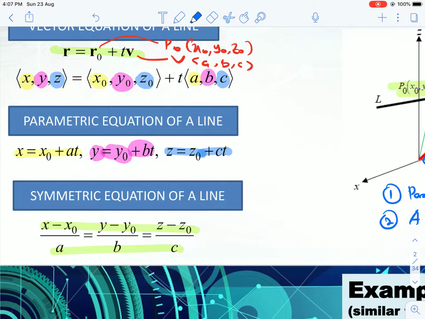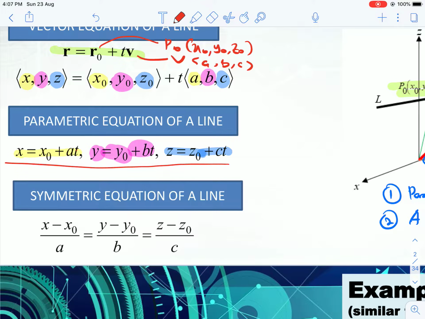Now, how do we get the symmetric equation? Symmetric equations are derived from the parametric equations. If you notice in the parametric equations, we have the same parameter t for each component x, y, and z.